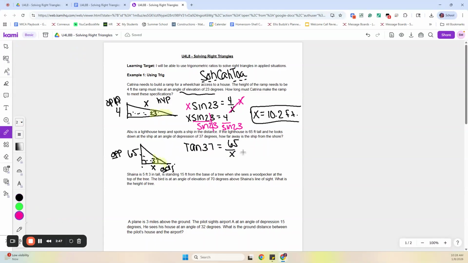So this one, again, we have an x in our denominator. So we're basically going to do the same exact thing we just did. Multiply by x. We get x tan 37 equals 65. And then divide by tan 37. So then we get x equals 65 divided by tan 37.